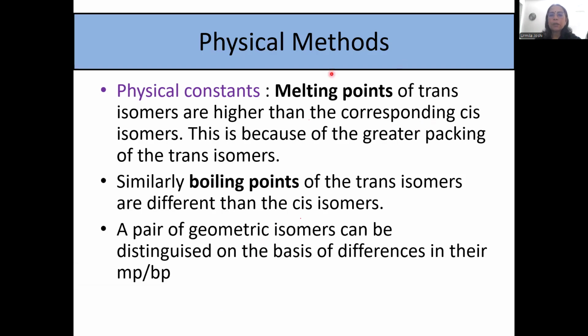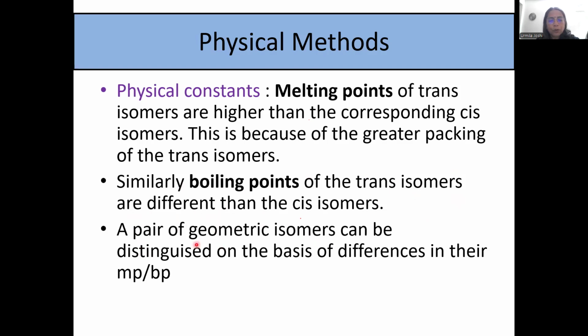Trans isomer, on the other hand, is closely packed because of the characteristic shape of the molecule, and because it is closely packed, the melting point of a trans isomer is higher. The boiling points also of trans and cis isomer are different. We will come to this point later.